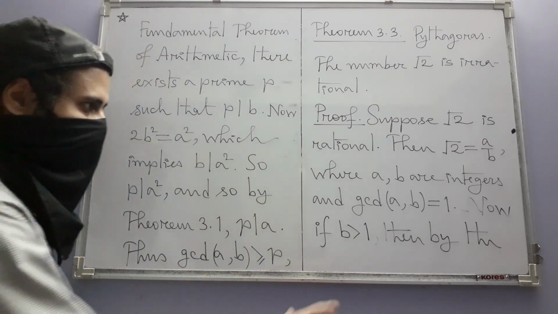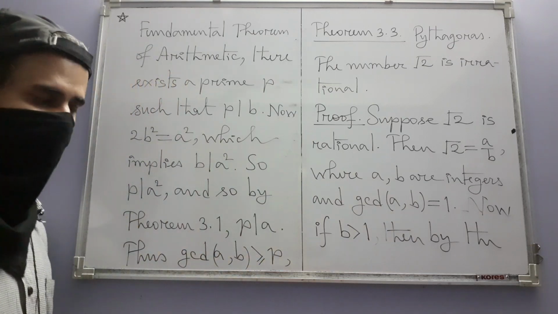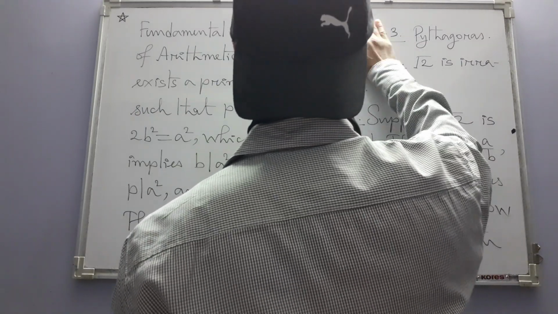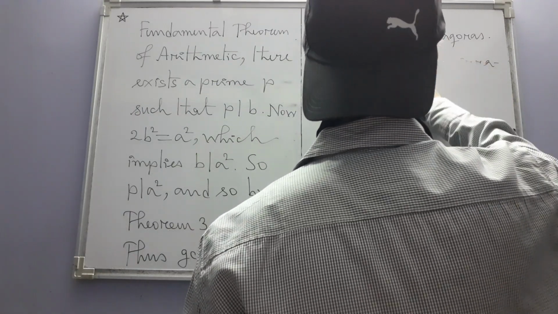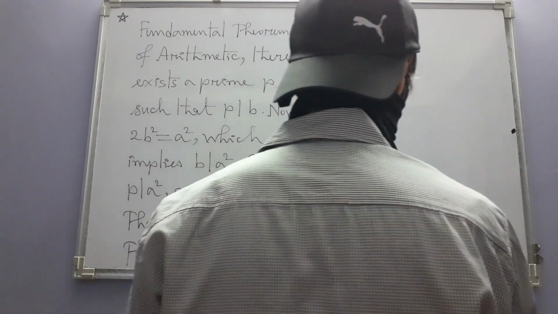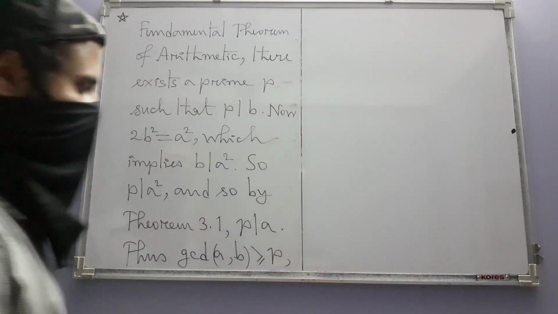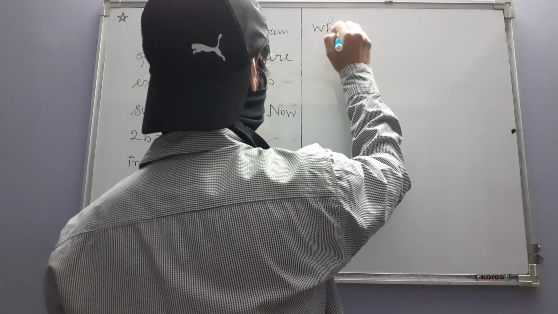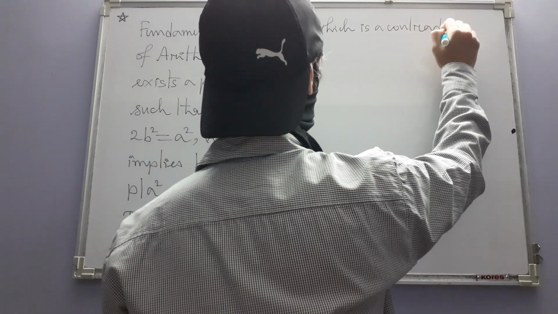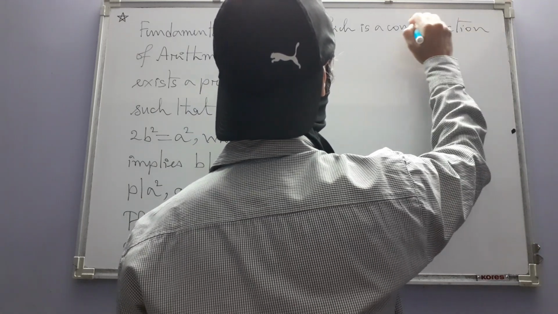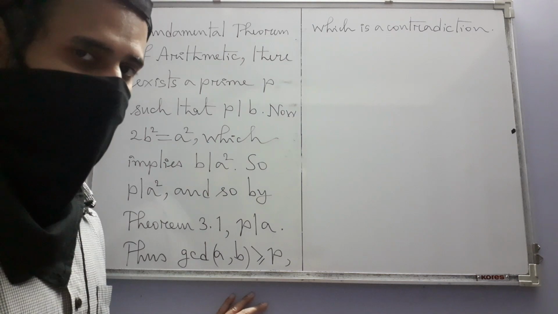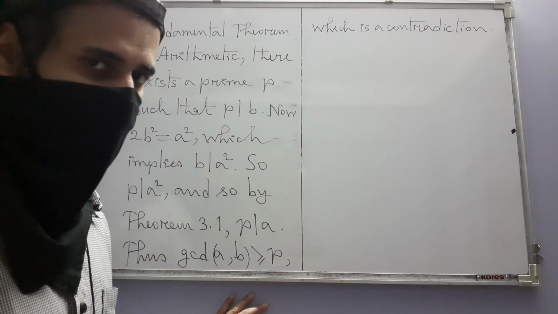And this is a contradiction because the gcd cannot be greater than 1. All these things are a consequence of the assumption that b is greater than 1, so it cannot be greater than 1.